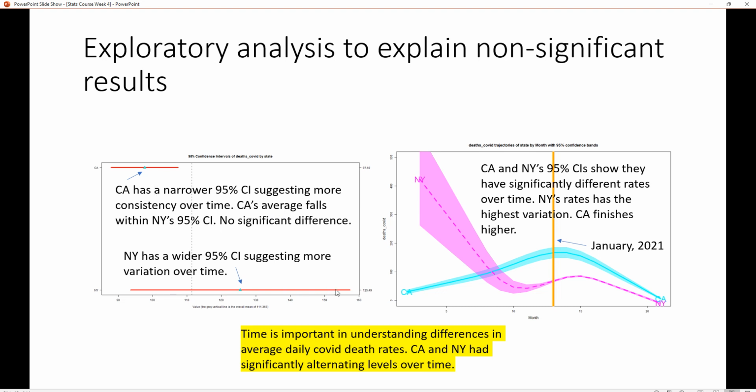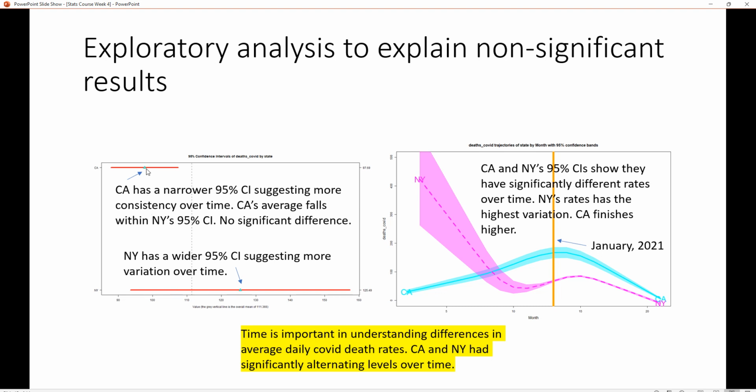We see that on the bottom, we have New York's confidence interval. On the top, we have California's confidence interval. And this little blue dot represents the mean for California. So if we were to move our cursor down, we see that it falls within that red band, which represents the normal range for New York.